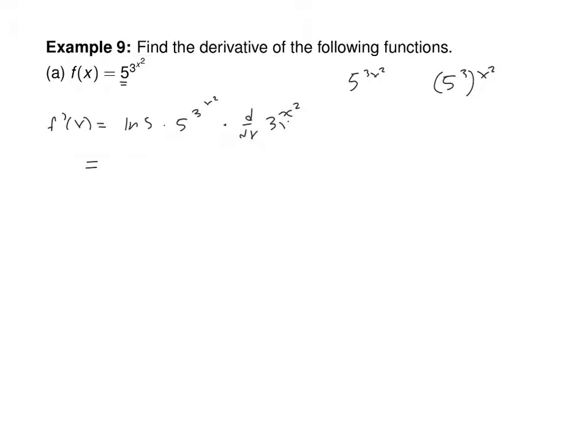Okay, is that part okay? Okay, so ln 5, 5 to the whatever. And then just pretend like this is the only problem that you have. What's the derivative of 3 to the something?